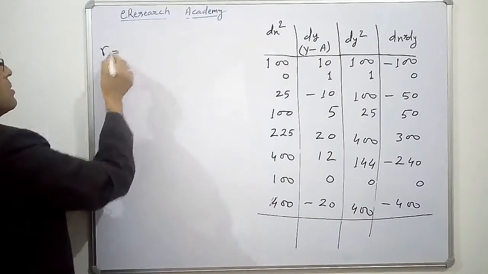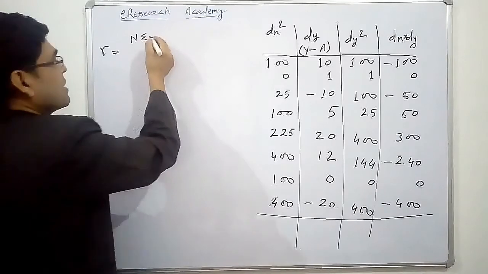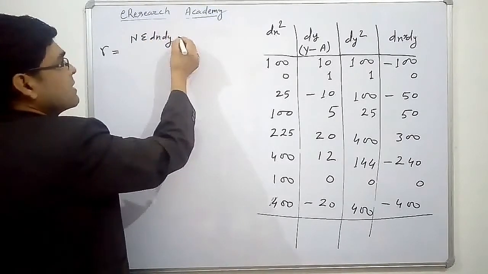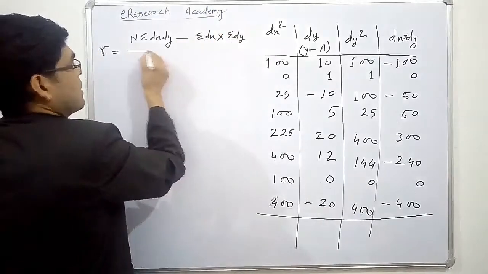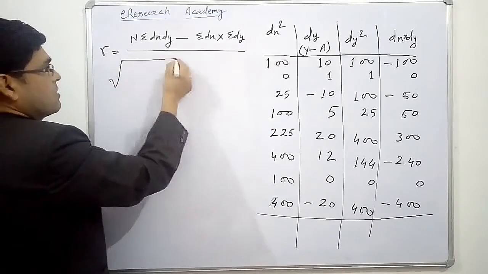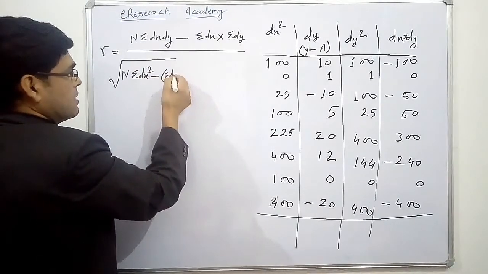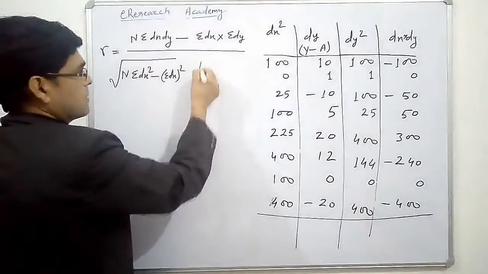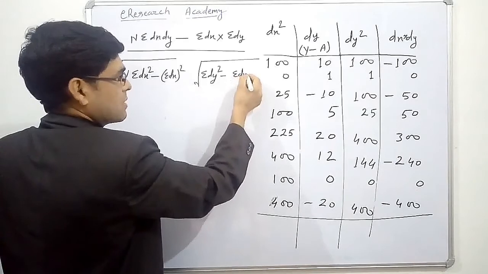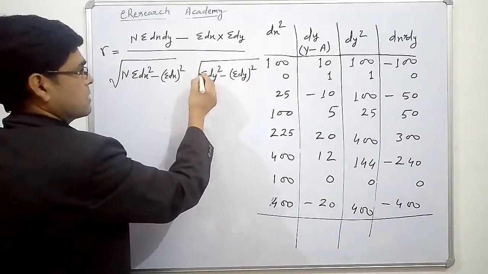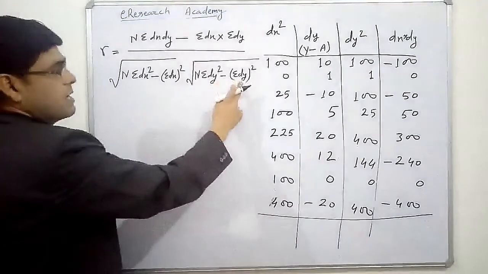Okay, correlation denoted by small r is equal to n sigma dx dy minus sigma dx into sigma dy, upon square root of n sigma dx square minus sigma dx whole square, then into n sigma dy square minus sigma dy whole square.